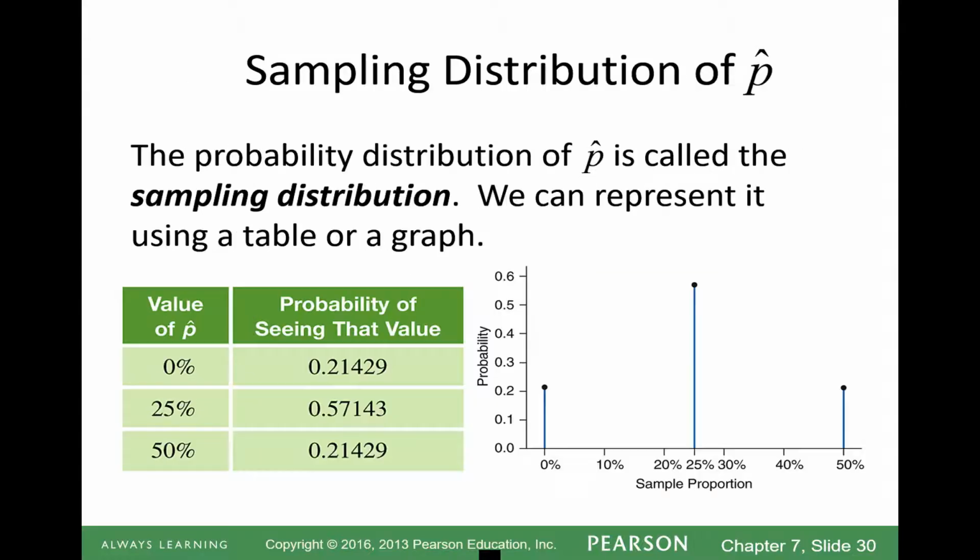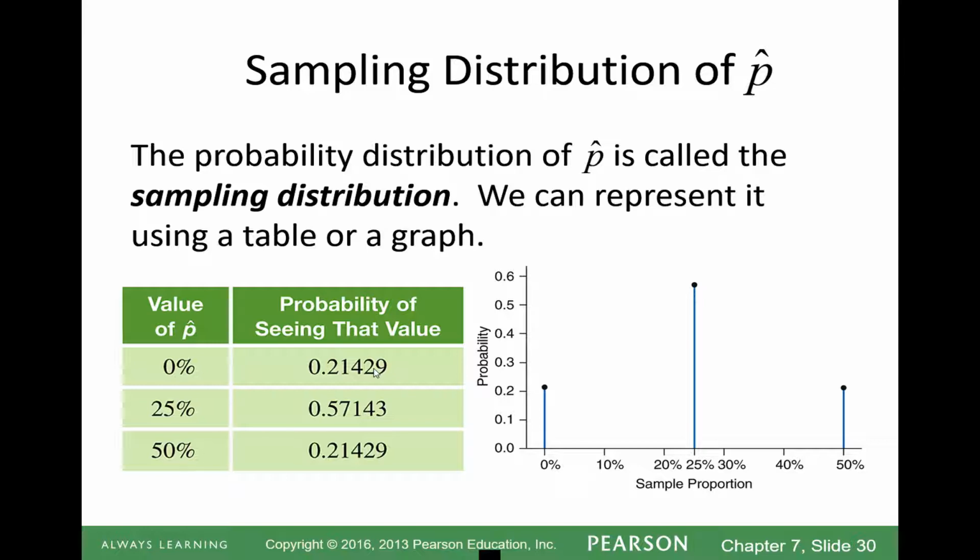The probability distribution of p hat here is called the sampling distribution, the probability distribution of a sample statistic. You can represent it using a table or graph. Here is the probability of getting 0 cat people.